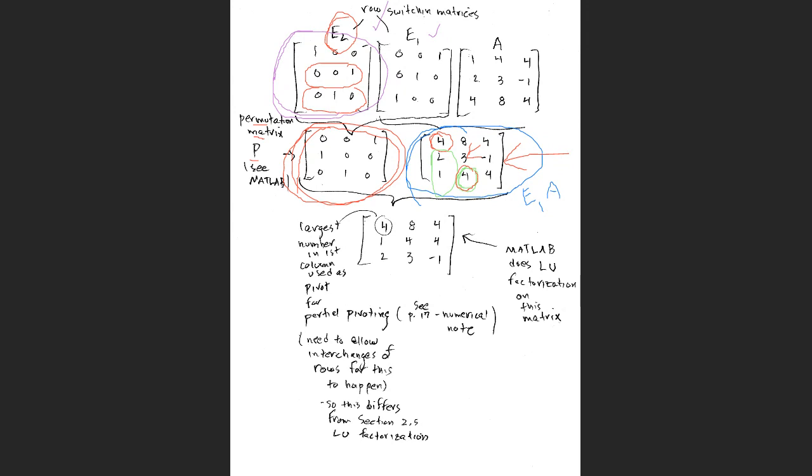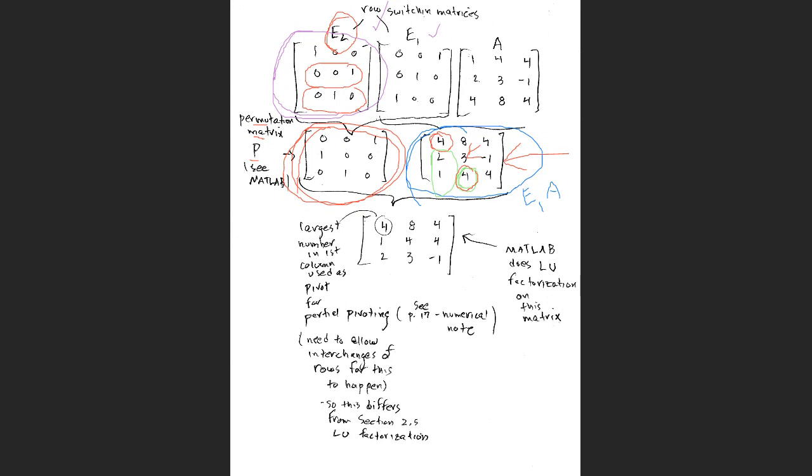What does permute mean? To permute something. How many have heard of the word permute? That's right, Benjamin, arrange. Arrange the order. And that's what this permutation matrix does.